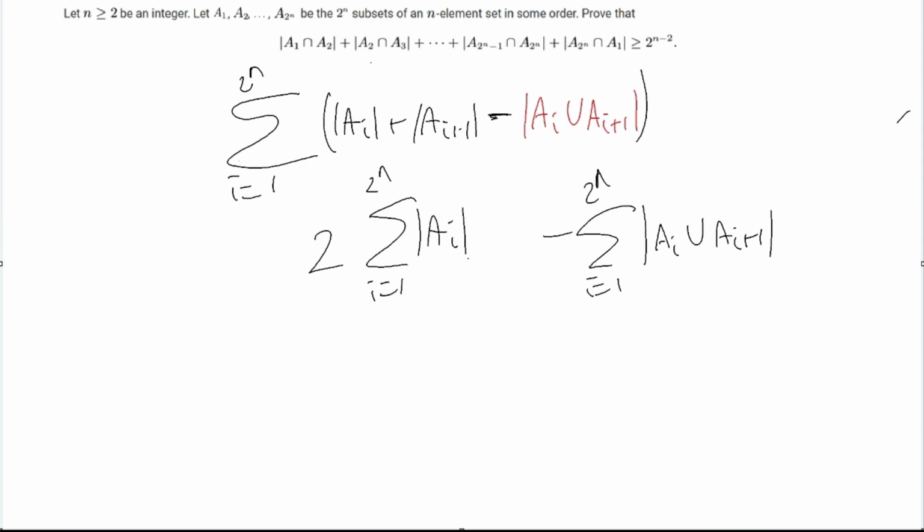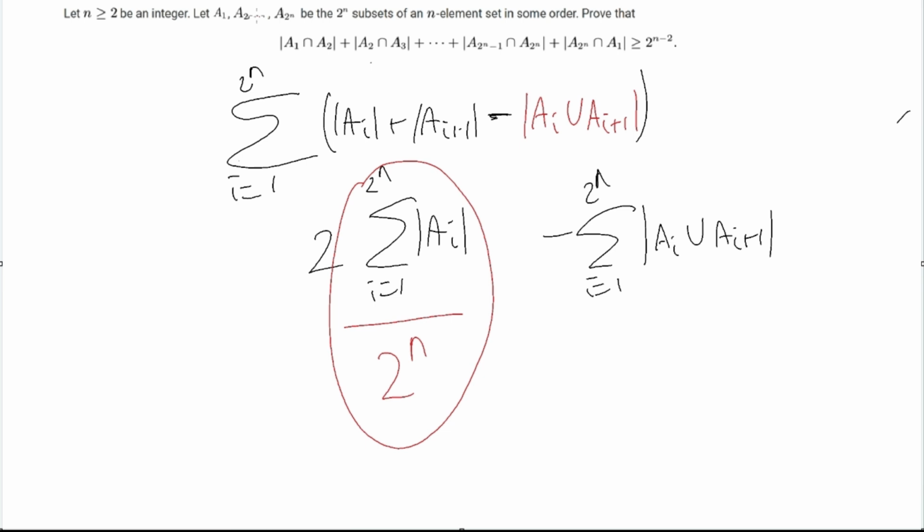Now, this idea of summing over all of them makes us think of an average. Suppose that this was divided by 2 to the n, which is the total number of subsets. Then this quantity, excluding the 2, is basically the average number of elements in a subset.